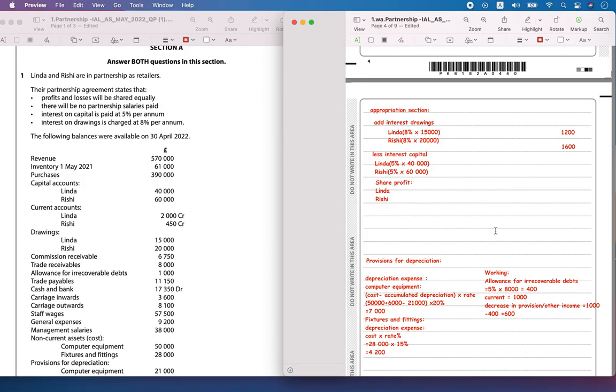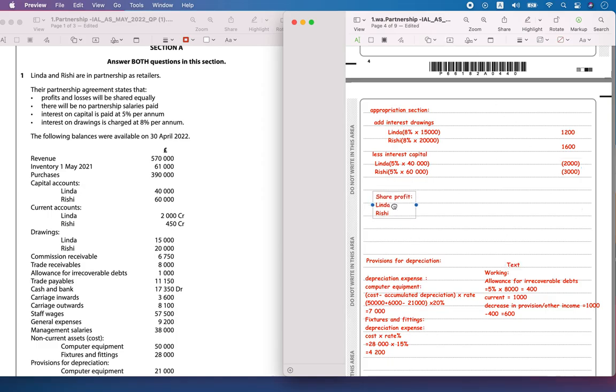So the values are 0.05 times 40,000, that is 2,000, and 0.05 times 60,000, that is equal to 3,000 for Rishi. Then we have the share of profit.